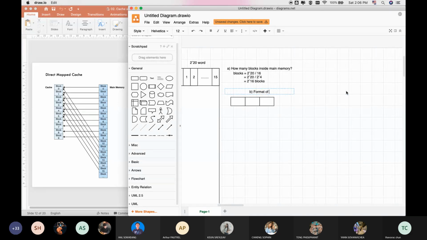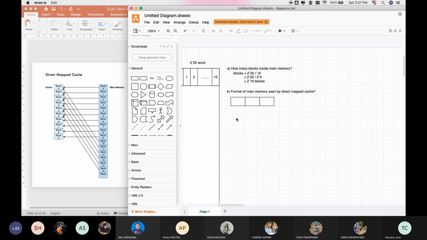Format of main memory address as seen by the direct map cache. And like I said, because we are using a direct map cache, we need to convert it into 3 sections.